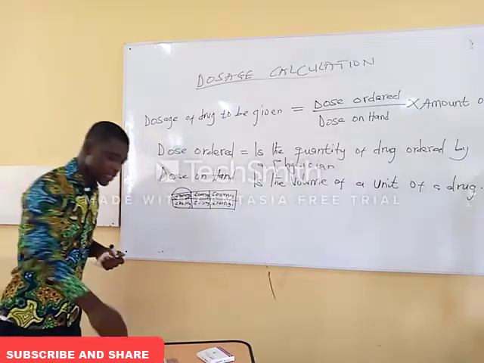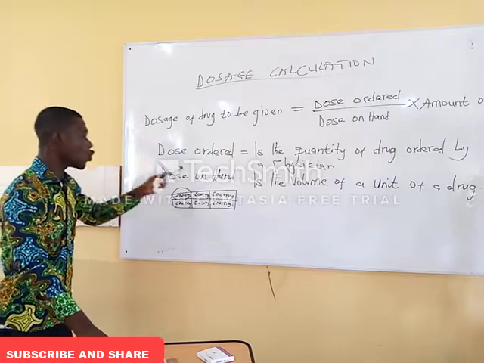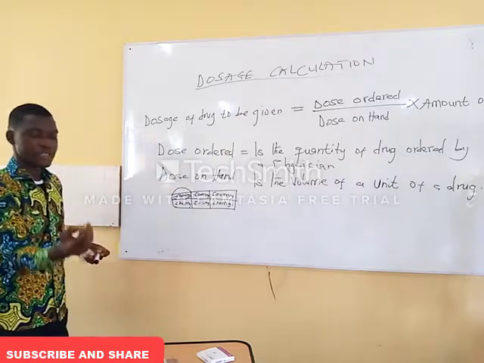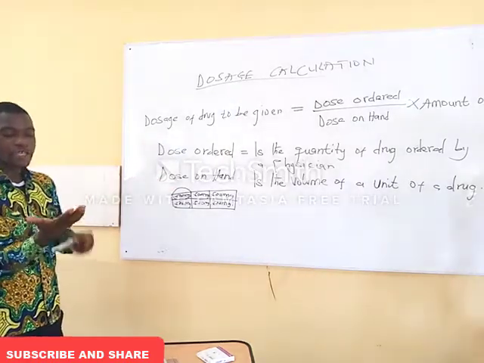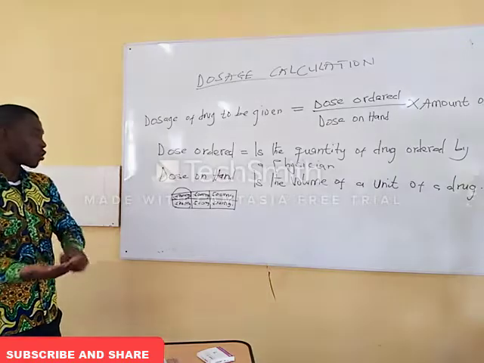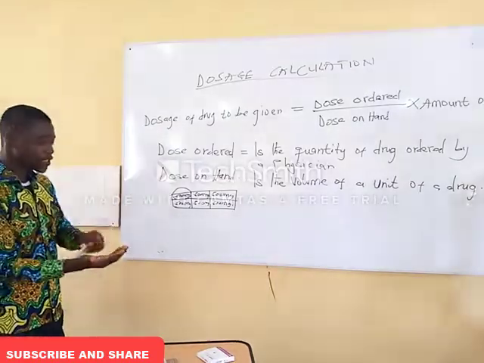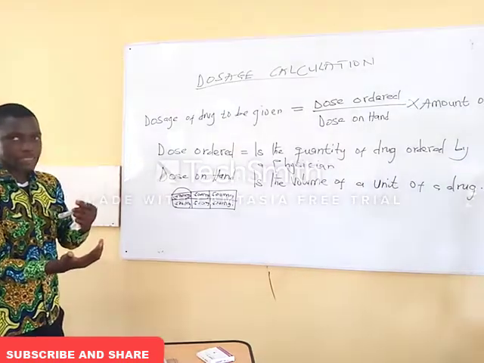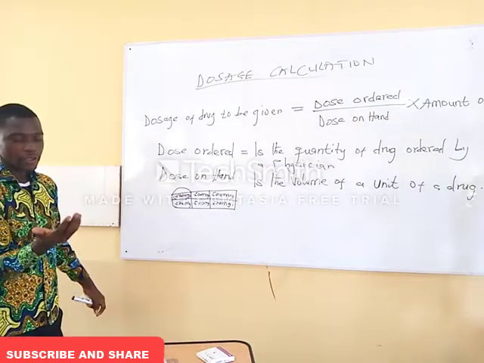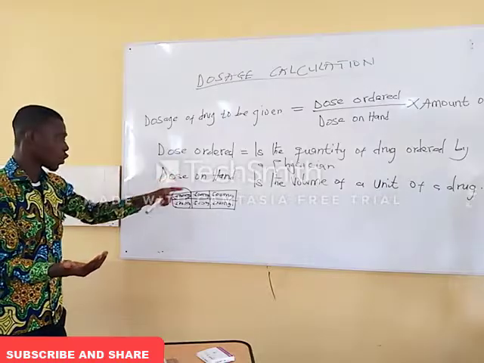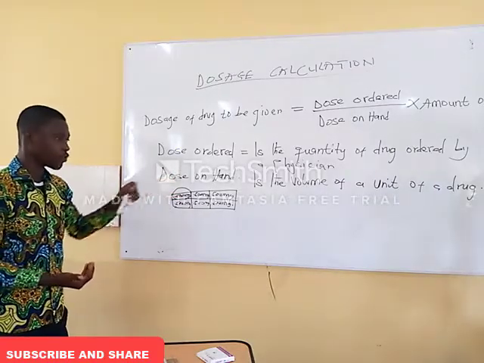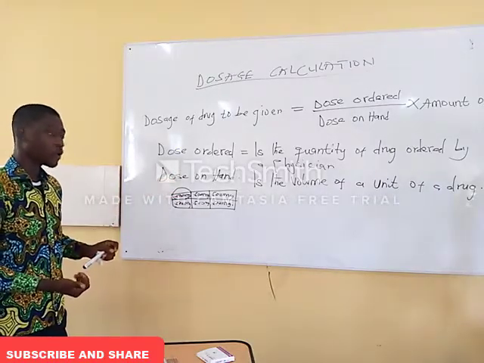So we say this is the dose on hand. The drug is in my hand. I have taken 1 tablet out of the paracetamol, and the weight of this drug becomes the dose on hand, and it is the 500 milligram. Are you okay?